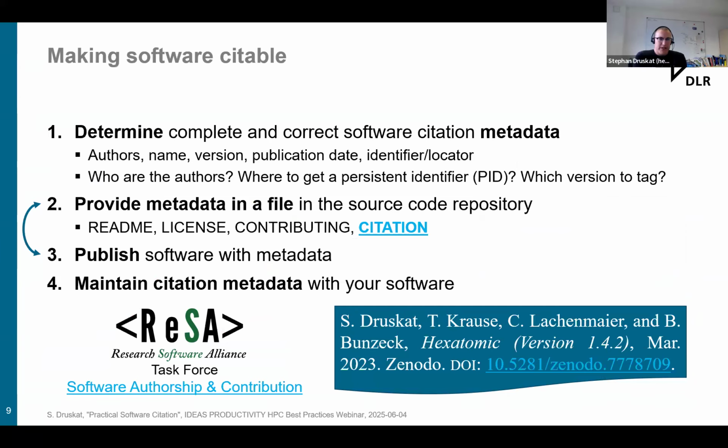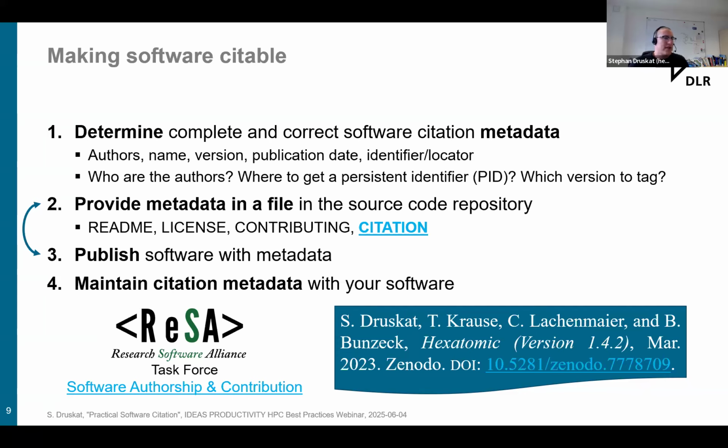So how to make your software citable? The first step is to determine what metadata should be used to cite your software. This may sound relatively easy, but it can actually be a lot more complex than one may think, especially when it comes to authorship, for example. For papers, there are guidelines that define the author role, the rights that come with the author role, and the responsibilities for journal articles.